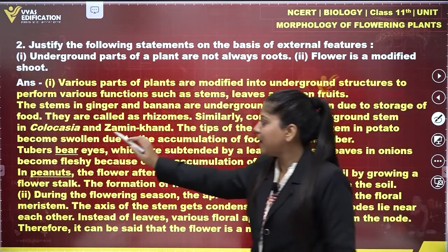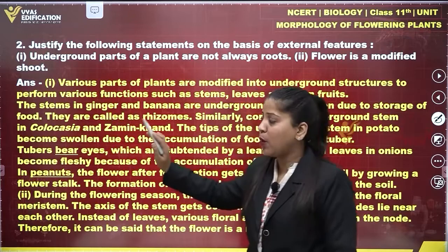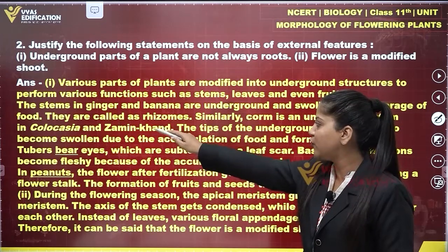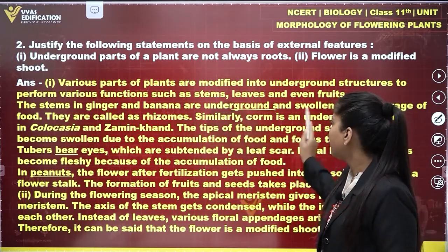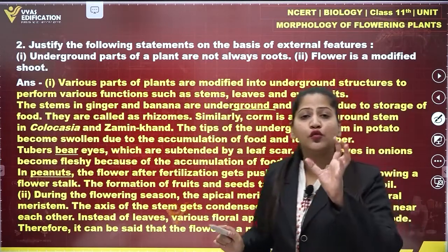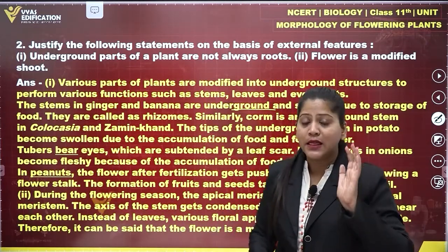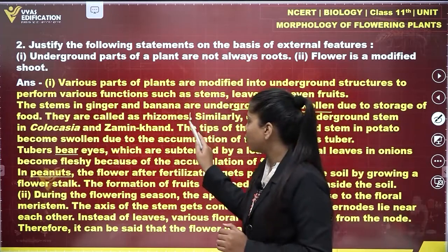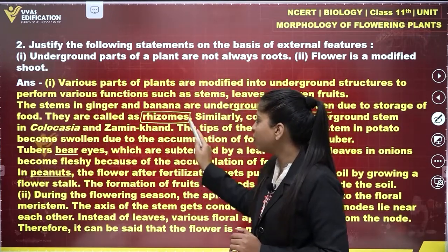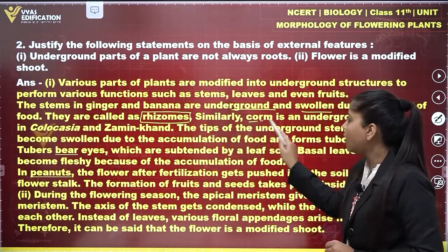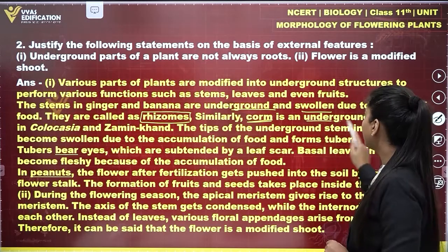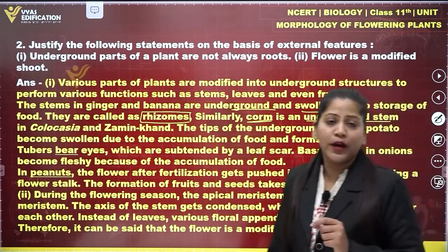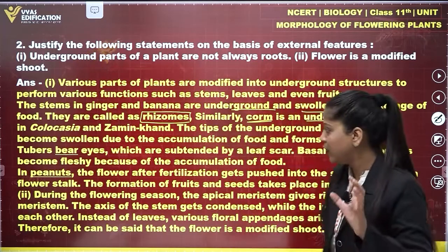Now, for examples to justify statement number 1, the stems of ginger and banana are underground and swollen due to storage of food. They are known as rhizomes. Similarly, the corm is an underground stem in Colocasia and Zamikand, right?